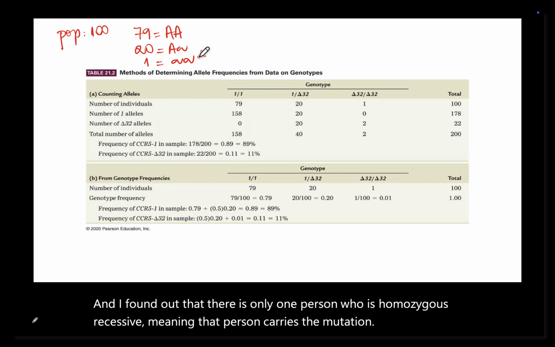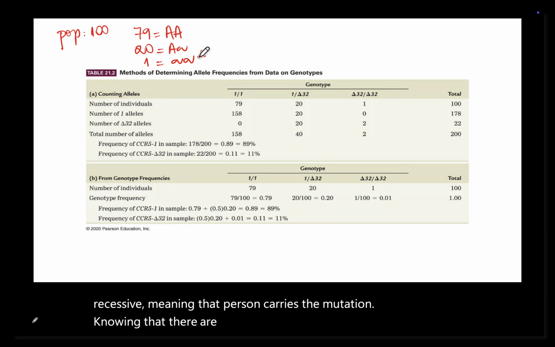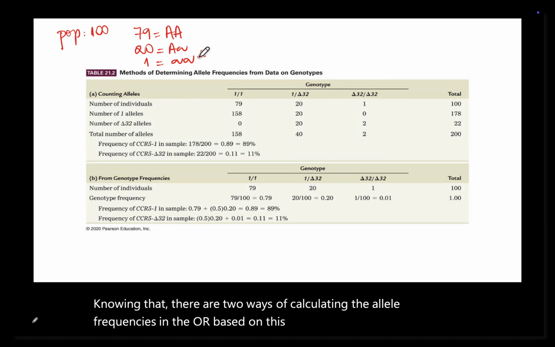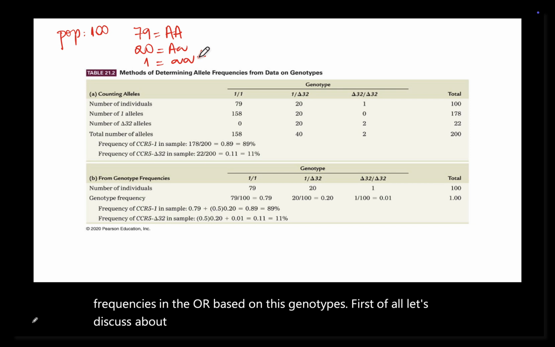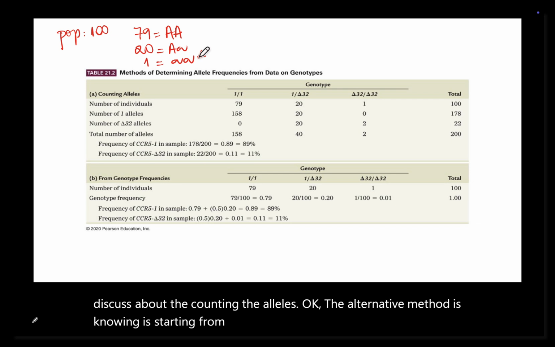Knowing that there are two ways of calculating the allele frequencies based on these genotypes. First of all, let's discuss about counting the alleles. Okay, the alternative method is starting from the genotype frequencies, but that's the other part.